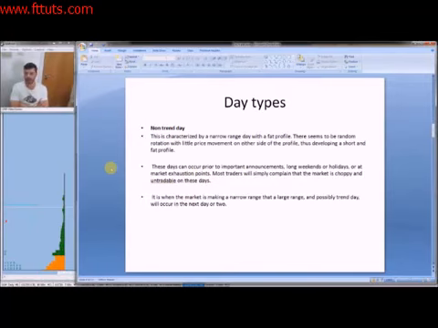It is when the market is making a narrow range that a large range and possibly a trend day will occur in the next day or two. We often see these signified as well when we talk about inside days, so it's when the market is trading within the previous day's range.